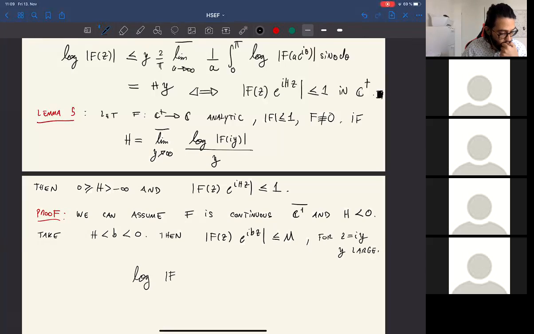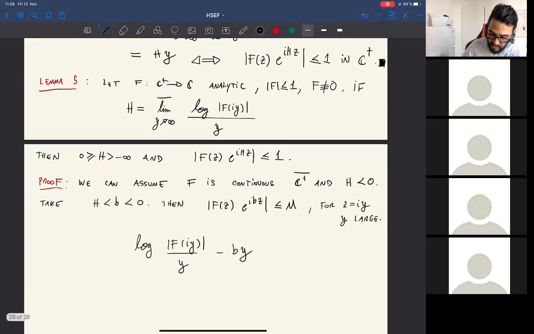Okay. Yes. Is that what I want? Yes. Because, well, let's see. If I take the log of these functions and divide by y, I will get a minus b y. That's the function I'm going to get.